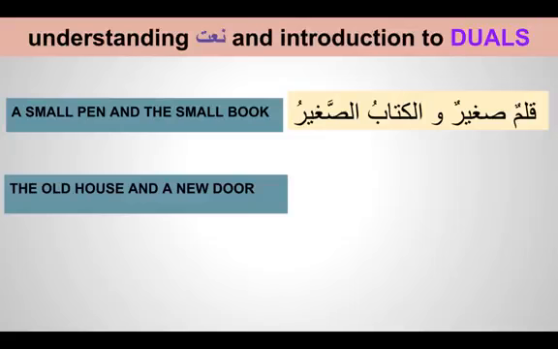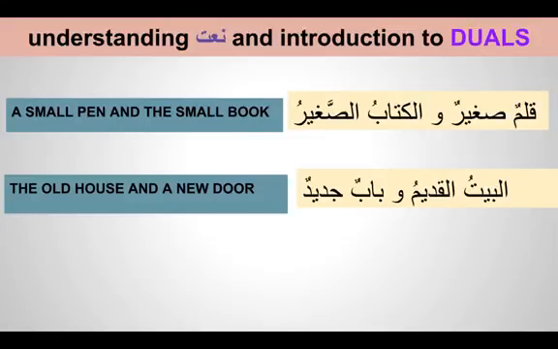So al baytul qadimu, because it's a definite, and a new door, and it's indefinite, wa babun jadidun. So this is how we need to identify how the na'at and man'ut come together. This is not a sentence, this is just a part of a sentence. So we still had to bring in news if you had to make a full sentence.